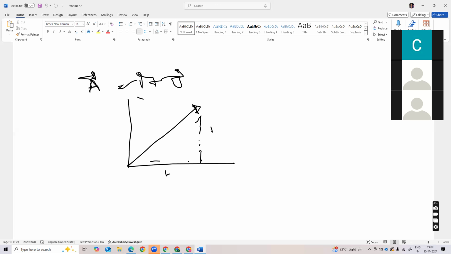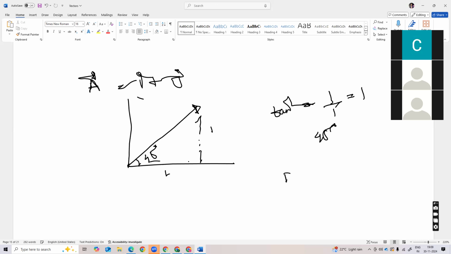So if you have to find this theta, it will be tan inverse of opposite upon adjacent, so it is tan inverse of 1. Tan inverse of 1 is basically 45 degrees. So this angle is 45 degrees.